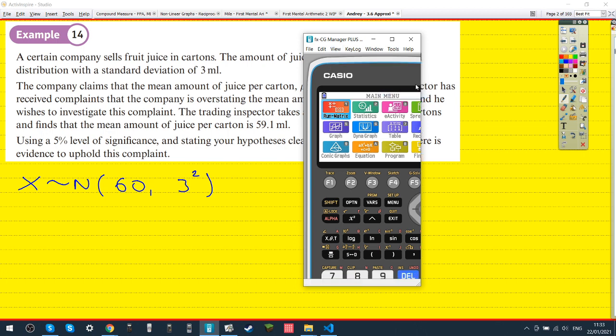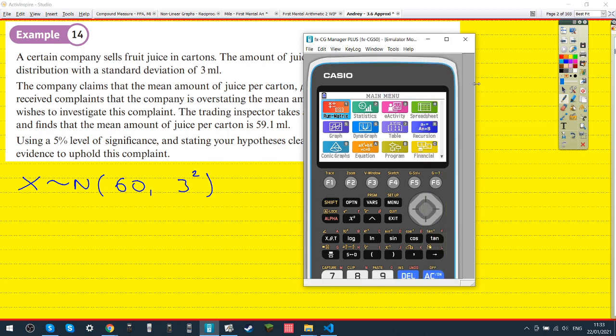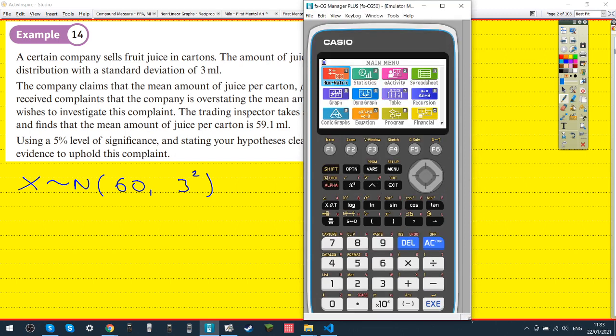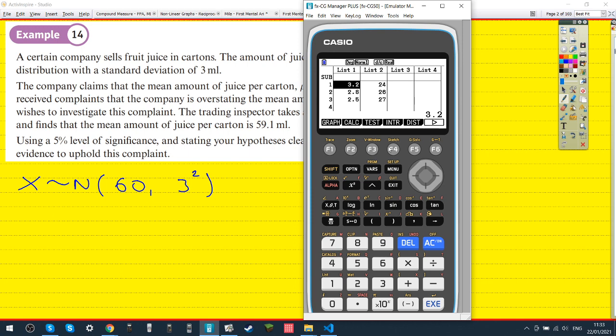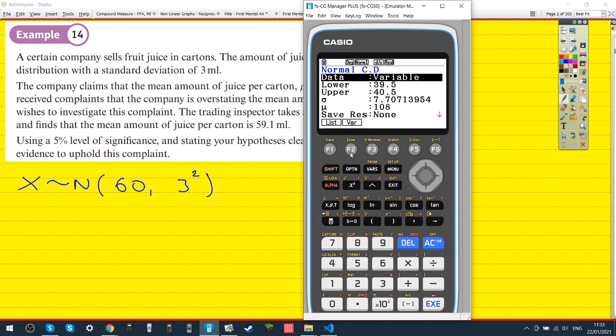Let's see. Do you remember how to do that? If I go to statistics, distribution, normal, normal cumulative. So deviation 3, mean 60. What is lower?